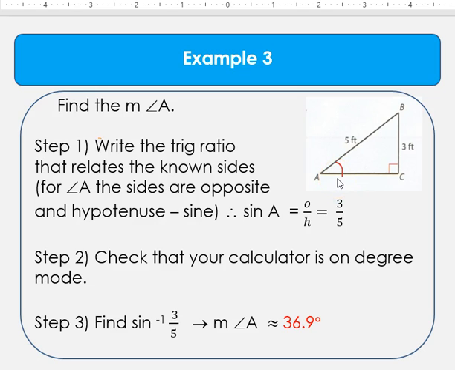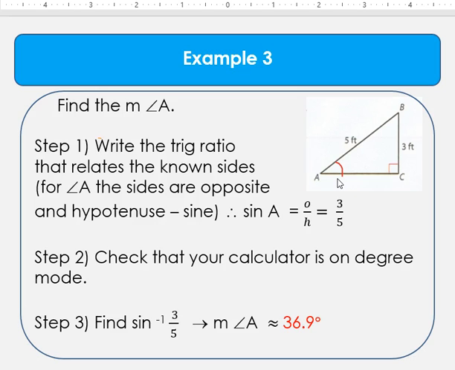It says write the trig ratio that relates the known sides, and in this case for angle A, it will be the opposite over the hypotenuse, which we know is sine. So sine A will equal 3 over 5. You check your calculator and make sure it's on degree mode, and then you go ahead and enter this formula.